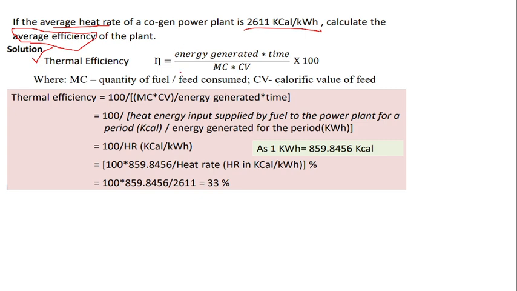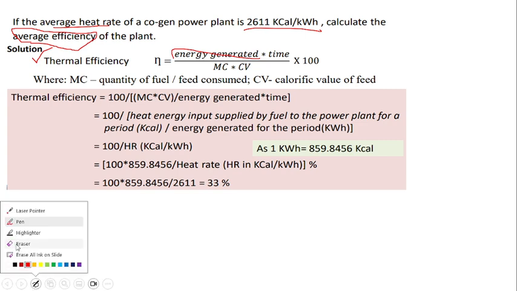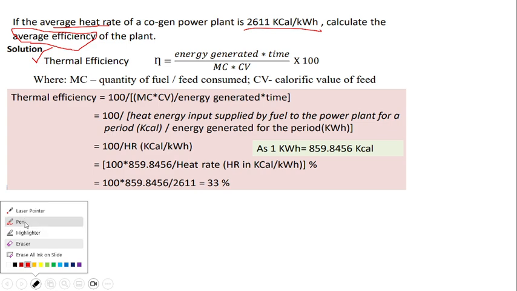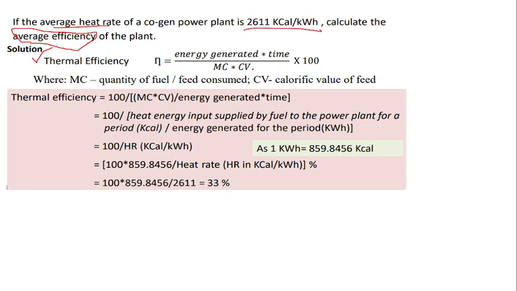So the formula can be rewritten: whatever is in the numerator, energy generated into time, goes to the denominator, like MC into CV divided by energy generated into time. That is what is written here. The formula is the same. You are just rewriting it.